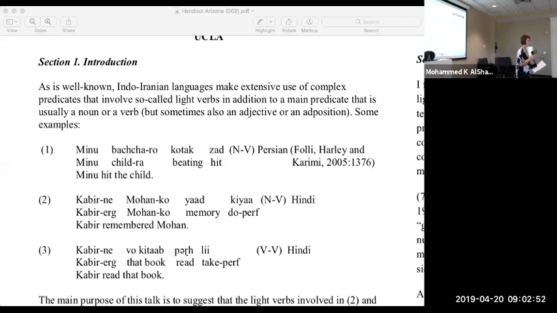I became familiar with Anoop's work very early on, in the early 90s. When I started reading his dissertation, that was groundbreaking work on A/A-bar movement, scrambling, and all those things that I was very interested in.